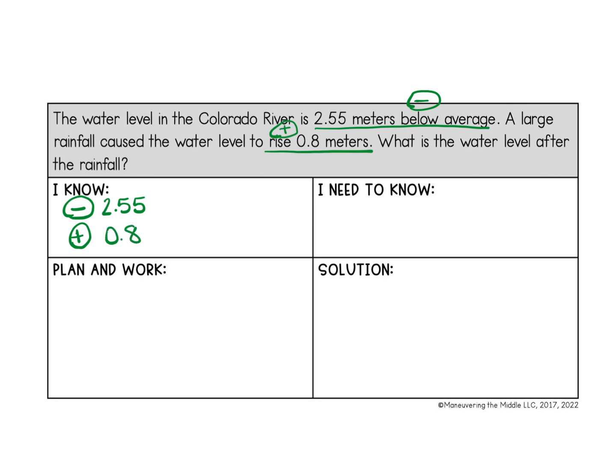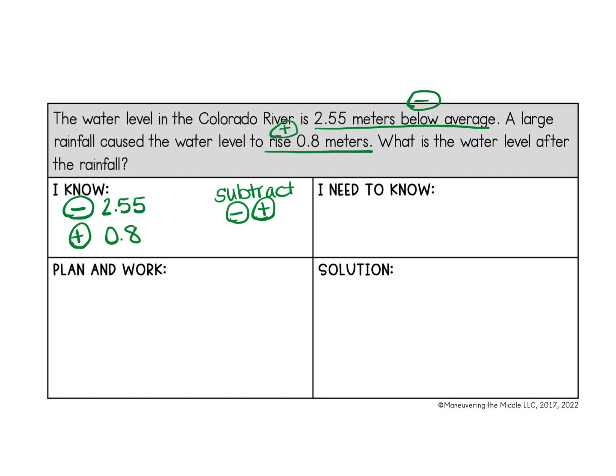So something else that I know is that if I have different signs, I am going to need to subtract those if I'm putting those together. So when our signs are different, we subtract, and we're going to keep the sign of the bigger number, and the bigger number is 2.55, which means it has the greatest absolute value.